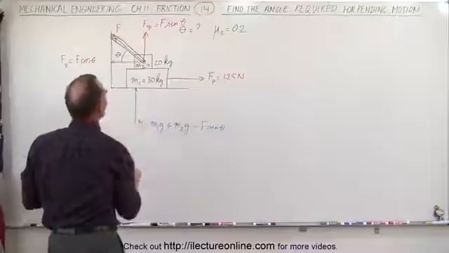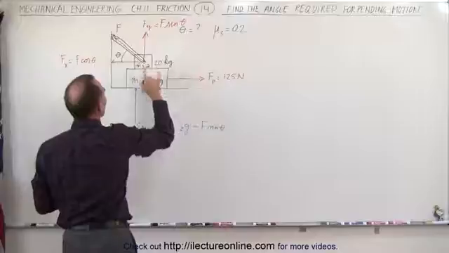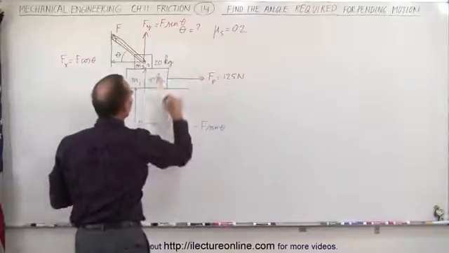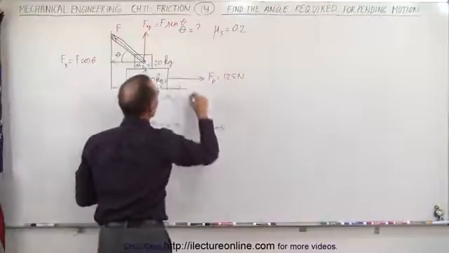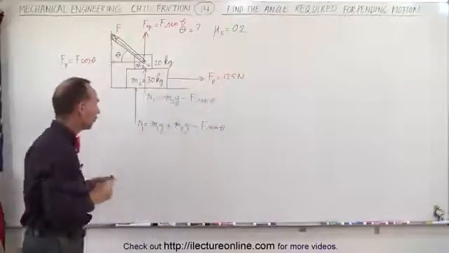Then we have the normal force between the first block and the second block, call that N2, which is equal to the weight of this block, M2g, minus the vertical component, F sine of theta. So those are the two normal forces.